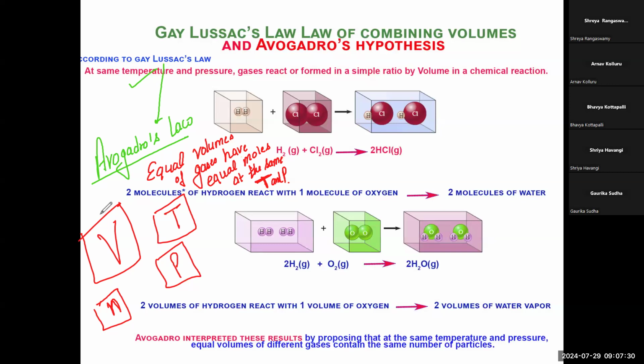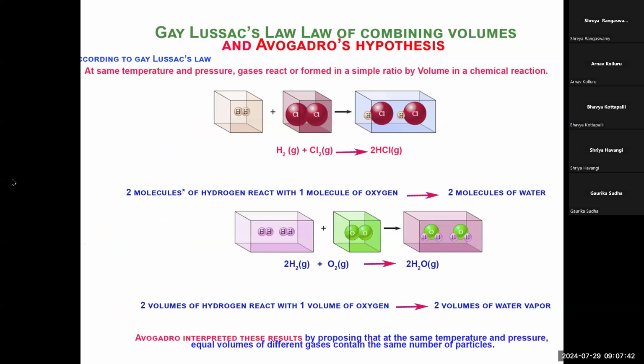Now I'm going to use this Avogadro's law on different equations. First equation is this one. If I give you 20 liters of H2, then can you tell me 20 liters of H2 will combine with how many liters of Cl2?